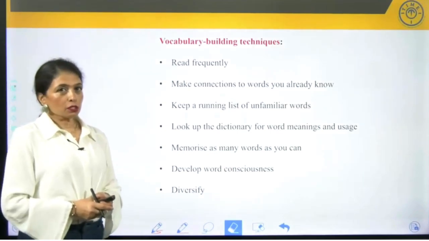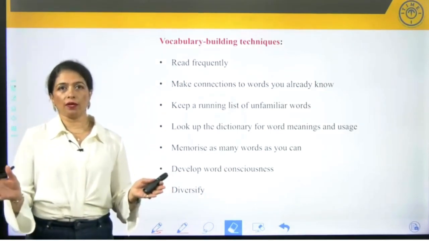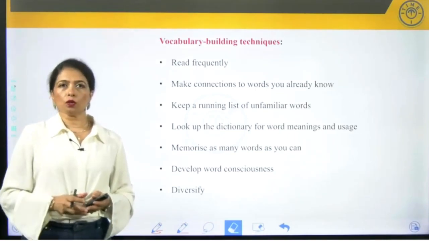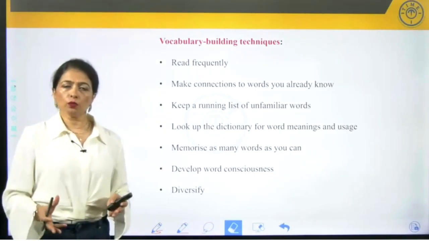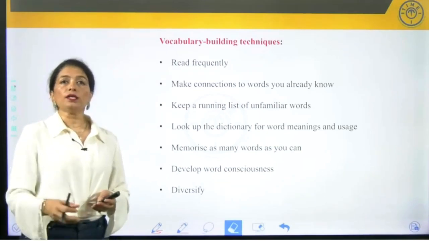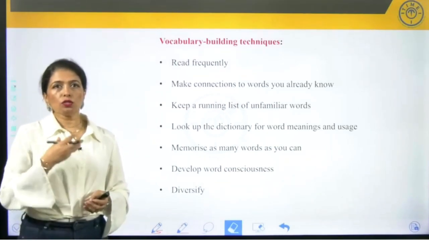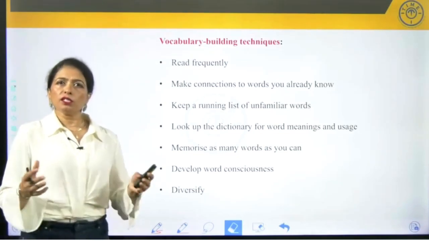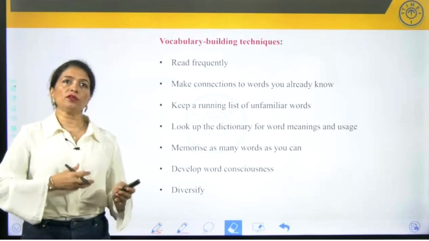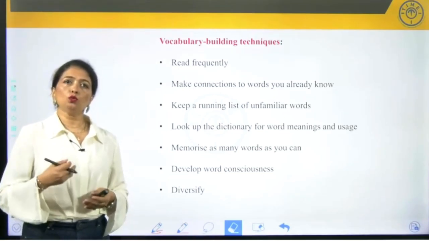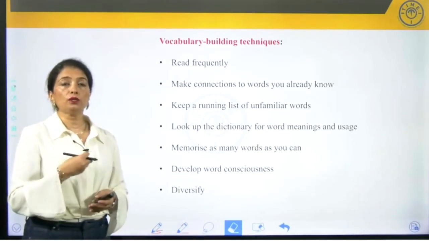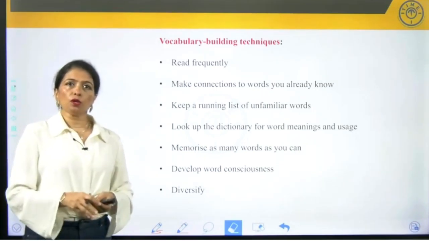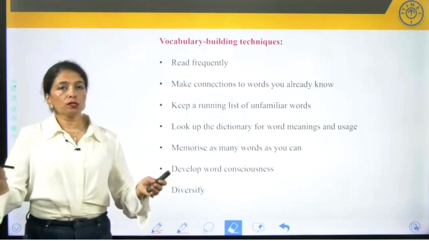And this is not the end. You need to diversify. So don't just try to learn words which are used in a particular context. Try to learn as many words from different contexts that you can gauge. So try to intensify your reading, read a variety of topics, and when you read a variety of topics and not only those topics or those genres that you like or you have an interest in, then you will come across words that are also different.